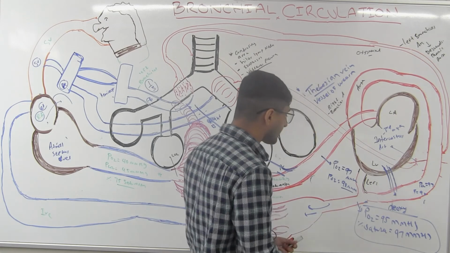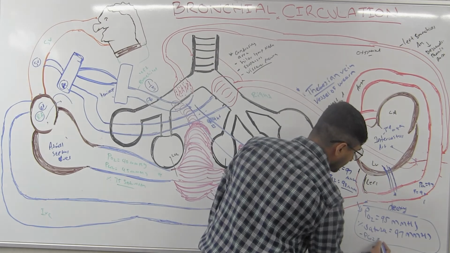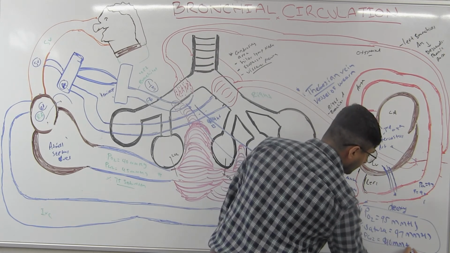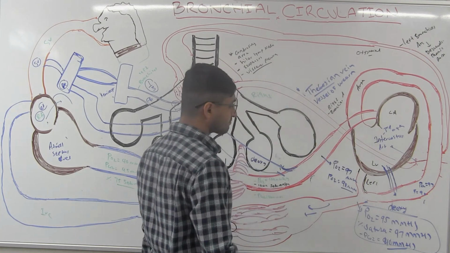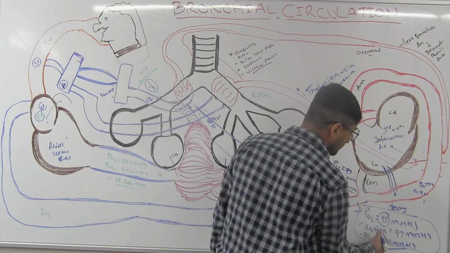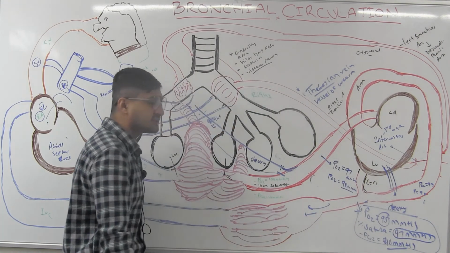And remember, it doesn't affect the carbon dioxide, because PCO2 is still about 40 millimeters of mercury on my arterial side, right? So a partial pressure of 95 and saturation of 97 is what goes to the systemic circulation.